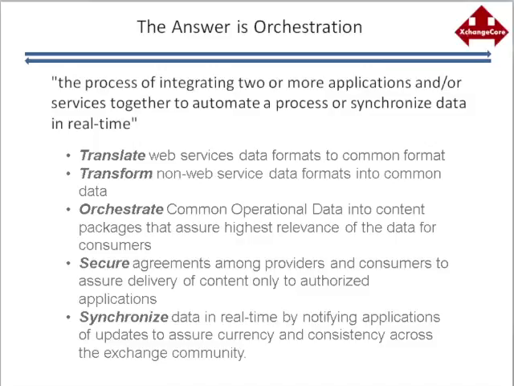Well, if I've got that, that's a huge capability, powerful information. I want to make sure it's going the right places. So the next part of orchestration is securing the agreements among the providers and consumers, those who are giving and those who are taking the data, to make certain that the data only goes where it's authorized. Again, lots of improvements made in that security.